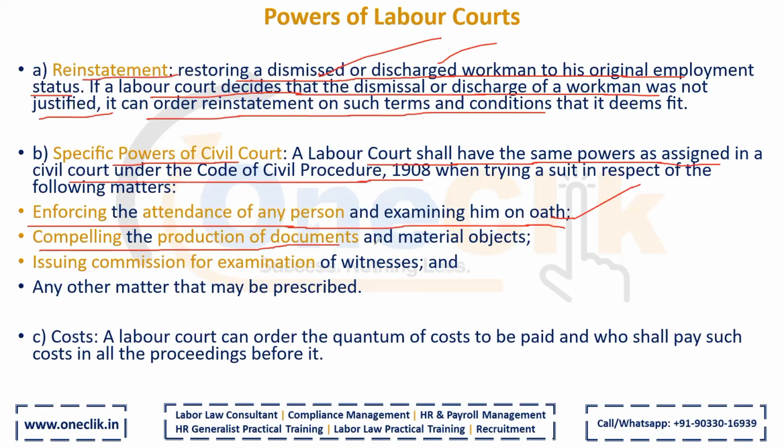They can compel the production of documents and material objects for any inquiry, yes, they can. These are the powers of labor courts. They can issue commission for examination of witnesses, and any other matters that may be prescribed by the government. Those are all powers of the labor courts.